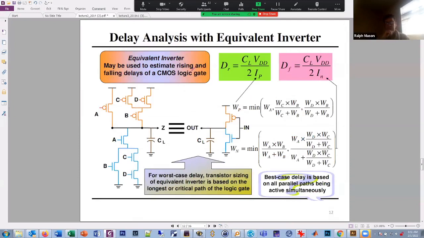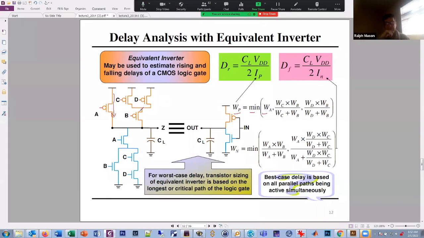Sort of a general formula. Looking at this circuit on the left, what you're trying to find is the worst case delay of this gate. Take each individual path and find which has the minimum W effective. So WP minimum in this case would either be WA for this path, right?